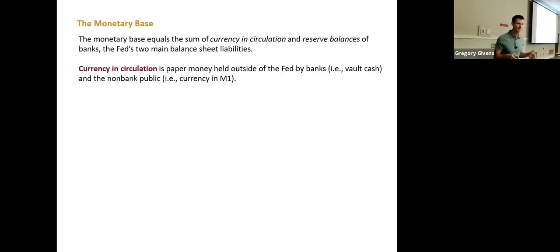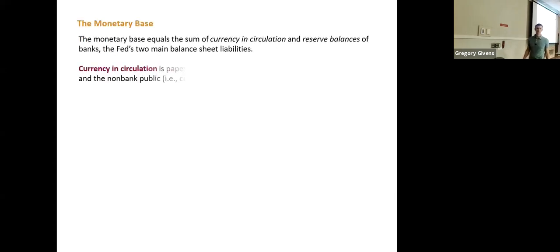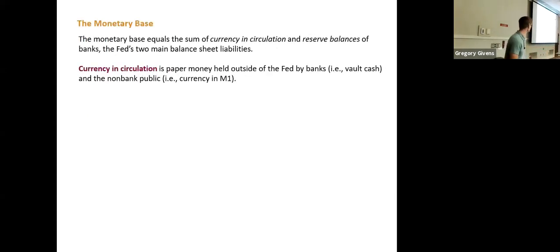So the monetary base, what is the definition of the monetary base? This is essentially the Fed's two main liabilities on its balance sheet. It's the sum of currency in circulation plus reserve balances held by the banking system at the Fed.